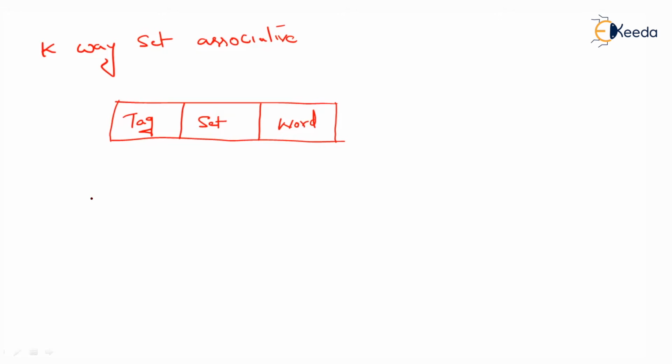Number of lines in cache is equal to the total cache size divided by the size of the block.